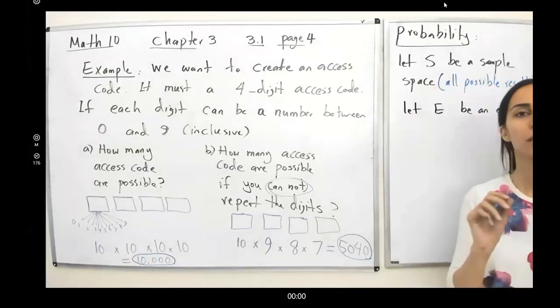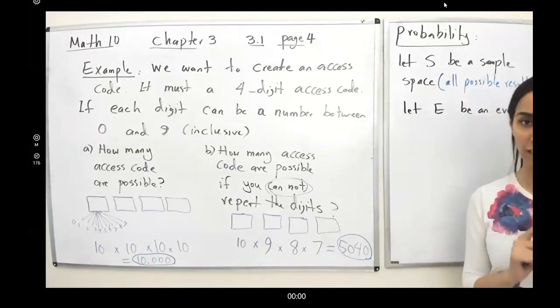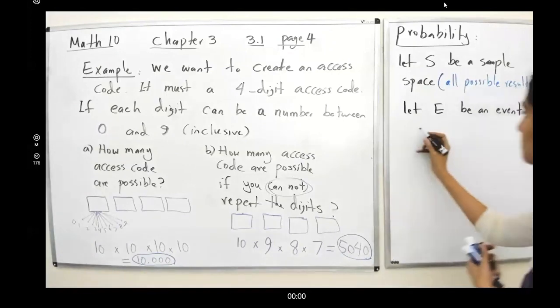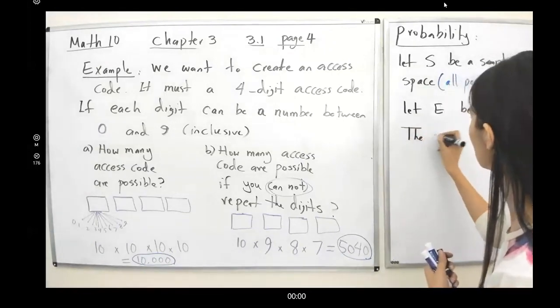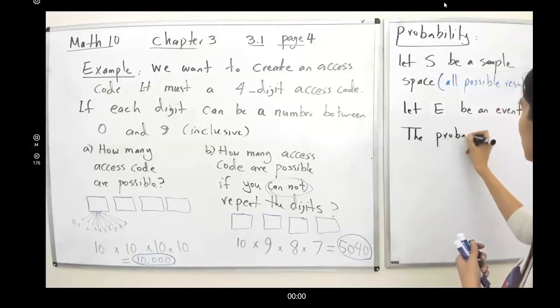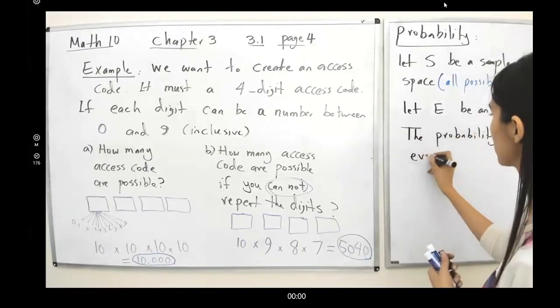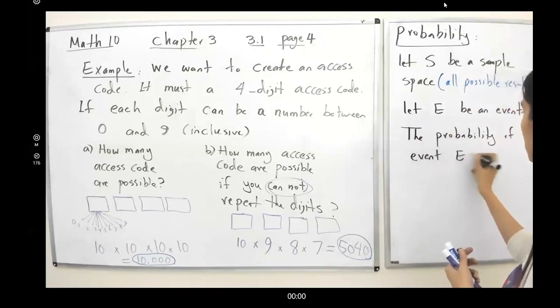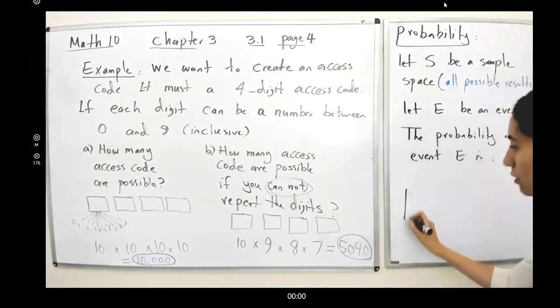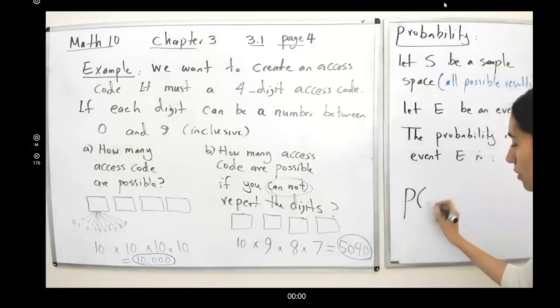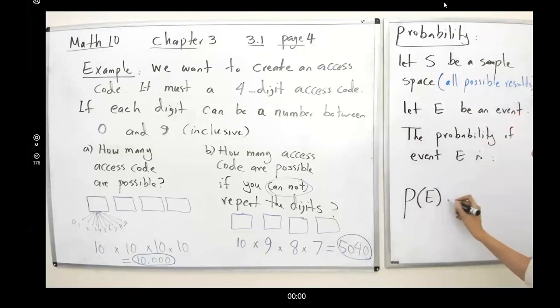Then the probability of event E, we write it as P of E, which is equal to a fraction.